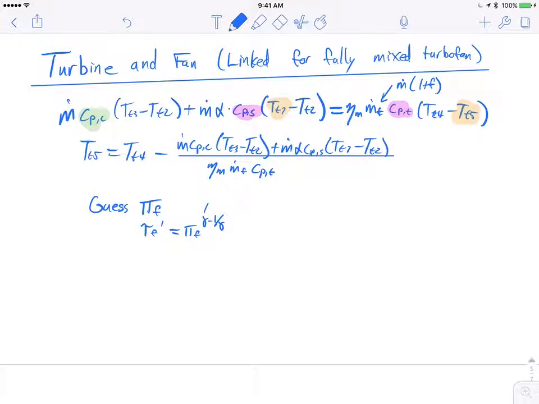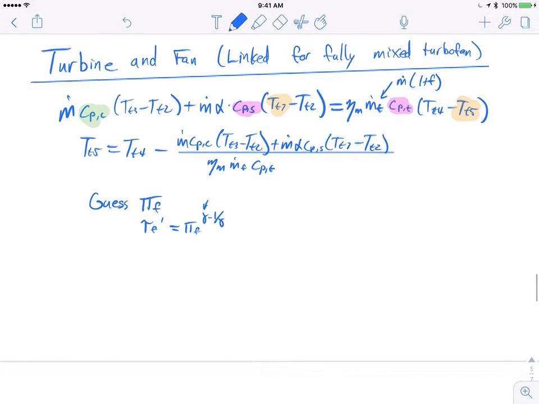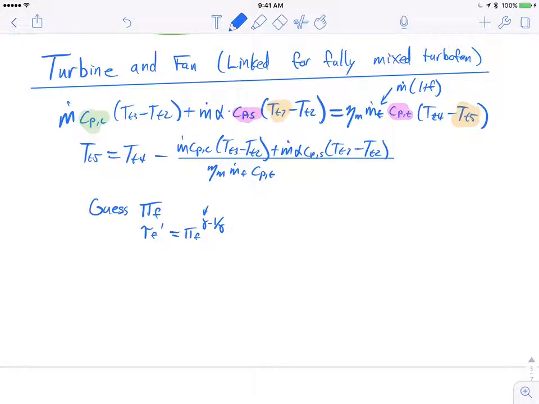But once again, we don't know what gamma will be here because in the fan we're going to look for gamma at the average of Tt2 and Tt7, and of course we don't know Tt7 yet. But we can go from there to calculate the ideal Tt7, which is going to be again just that tau f prime times Tt2.